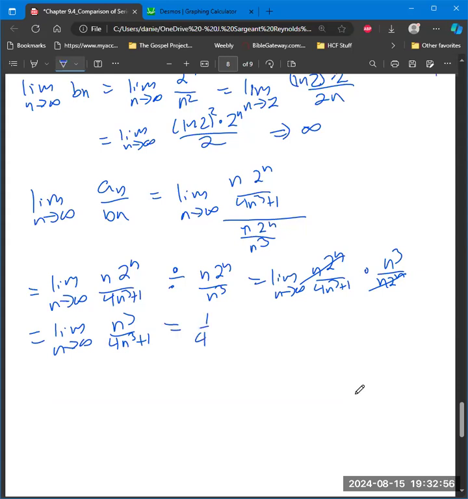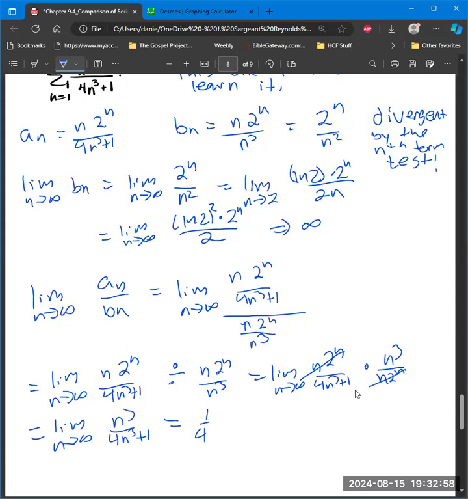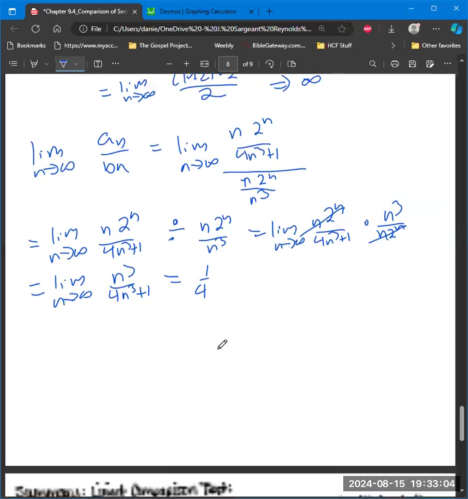If I had chosen my Bn to have a 4 down here, a 4n cubed, then this would have definitely just gone to 1. But it's okay that it goes to 1/4, which is finite and positive.